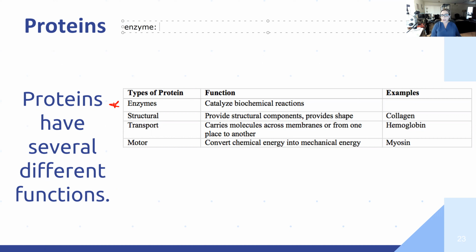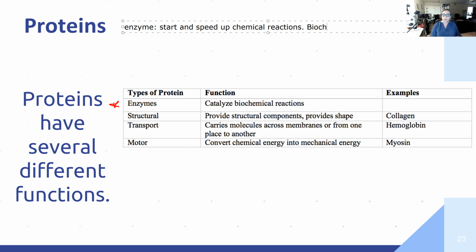When I say catalyze, that means that it gets the reaction started. To catalyze something is to allow the process to begin. And biochemical reactions are those reactions that occur within your body. So enzymes will say start, and they actually speed up chemical reactions.